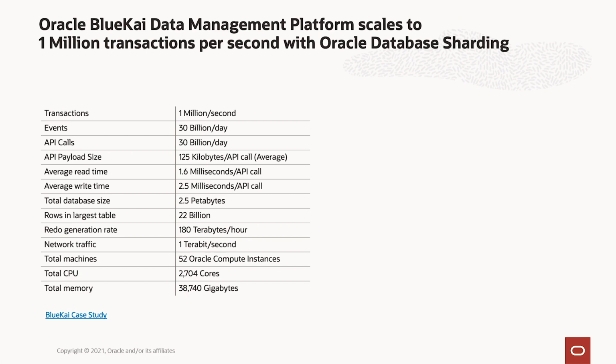I've only put the primary numbers here, but they have another 52 standbys which are being replicated to using Oracle Data Guard, and those standby machines and database instances are used for some other read-only workload which is not included in these numbers. So these are pure primary instances, and all of these API calls are being made against the primary instances.